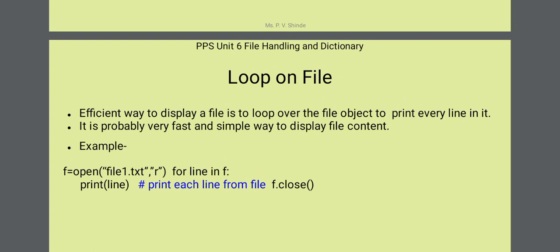The file pointer points to the characters present in a file, and when it is used in the for loop, it is used as a pointer to the file by default. So for line in the file pointer, print the line, and finally f.close. Here f.close should be outside the for loop.